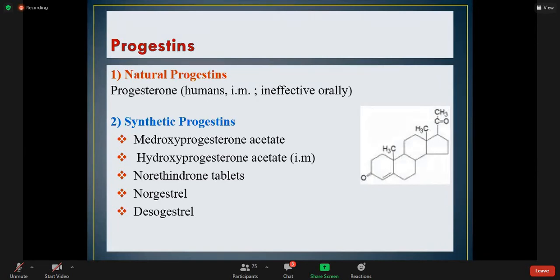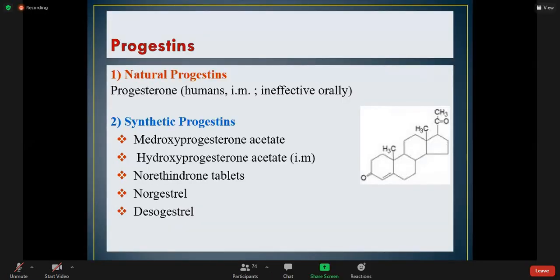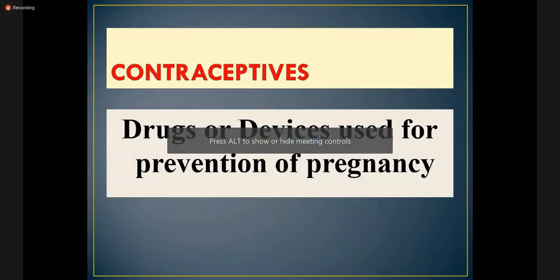Examples are medroxyprogesterone acetate, hydroxyprogesterone acetate, which is given intramuscularly, norethindrone tablet, norgestrel, and desogestrel. So these are the synthetic preparations of progestin.